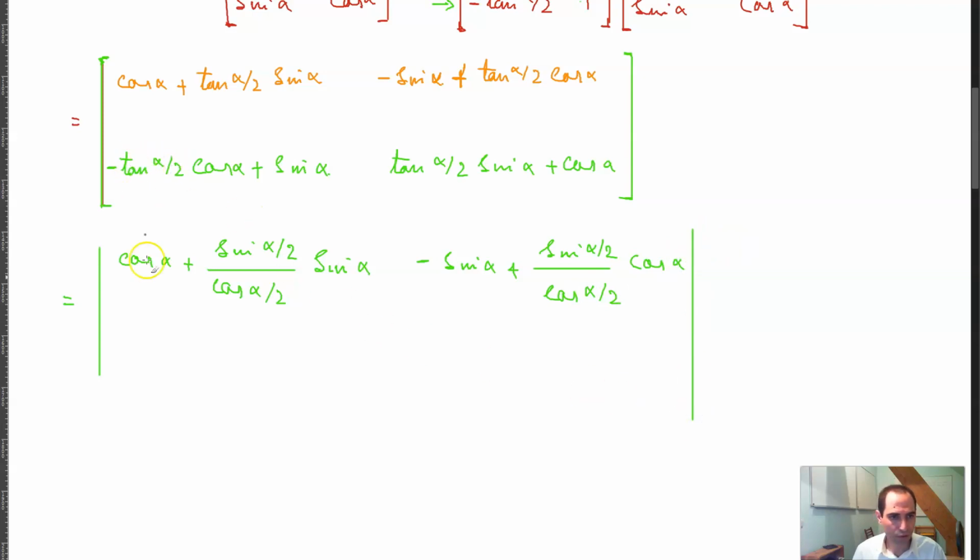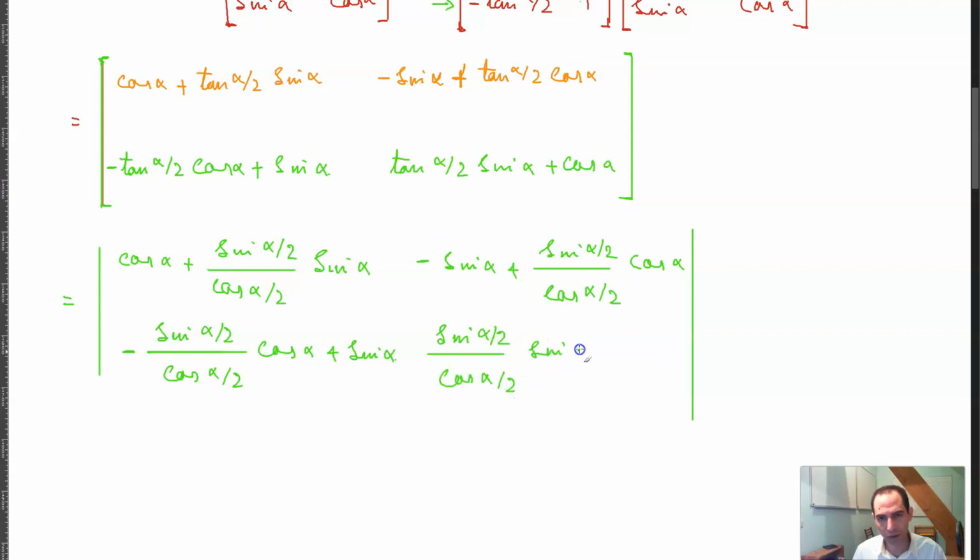And over here I have negative sine alpha by 2 by cos alpha by 2 times cos alpha plus sine alpha. And then you have sine alpha by 2 by cos alpha by 2 times sine alpha plus cos alpha.